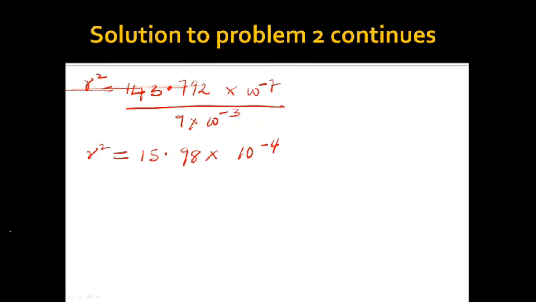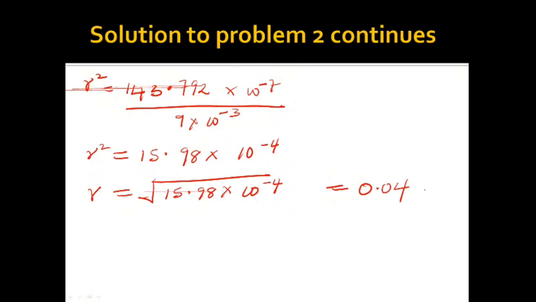That means if that is what we have, for me to find my R, I need to take the square root. So we have R equal to, taking the square root of both sides, the square root of 15.98 times 10 raised to power minus 4, which will give you 0.04.